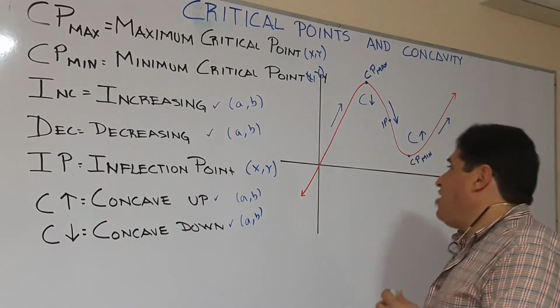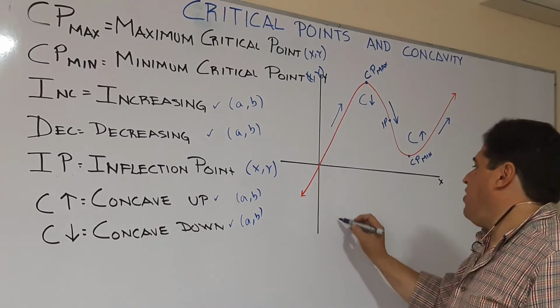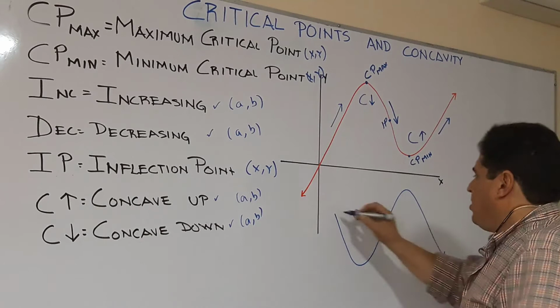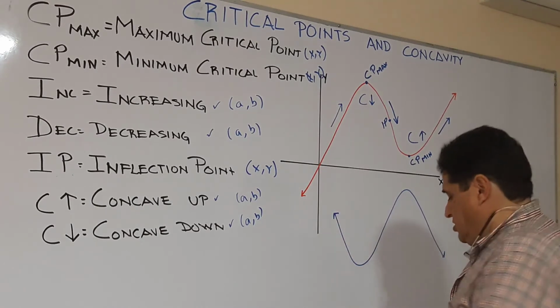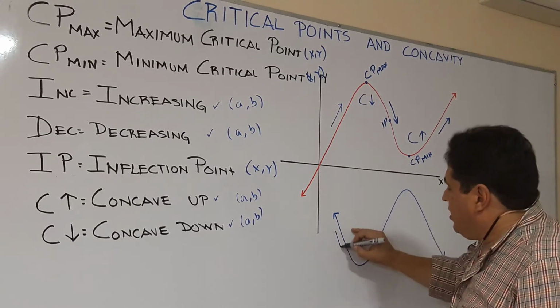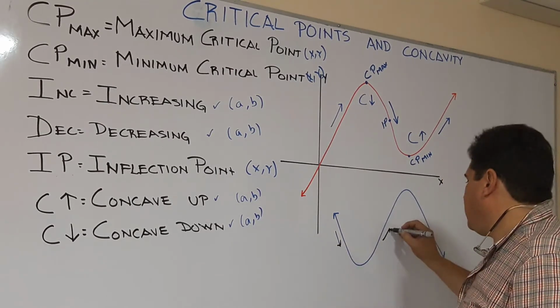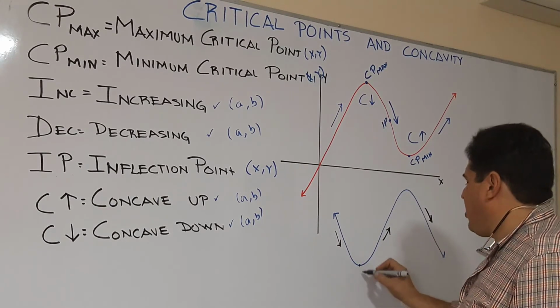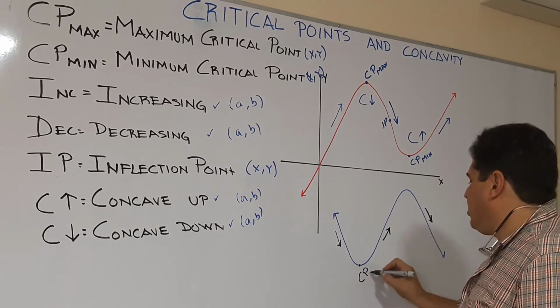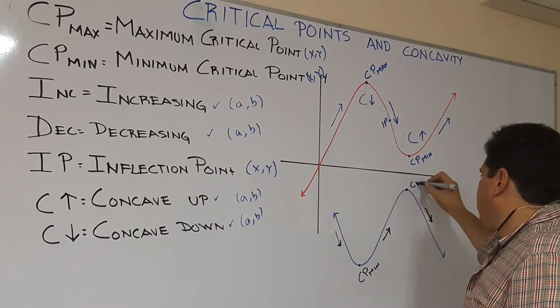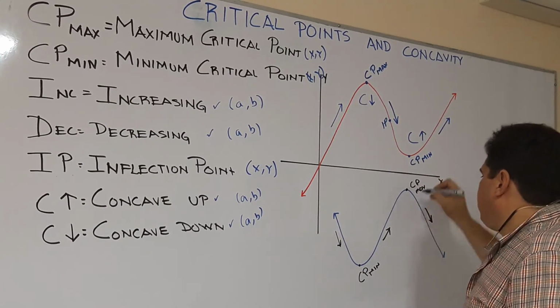Now, what would happen if my graph was to be drawn backwards? So, in that case, I will have decreasing, increasing, decreasing. So that will be my critical point minimum, and that's going to be my critical point maximum.